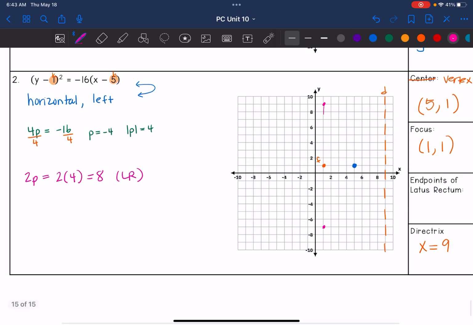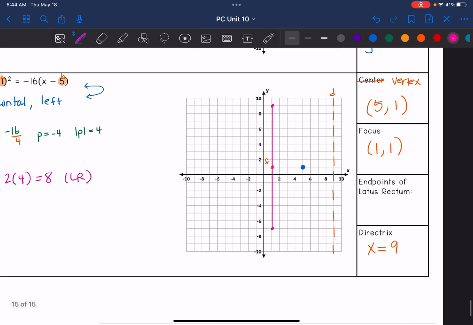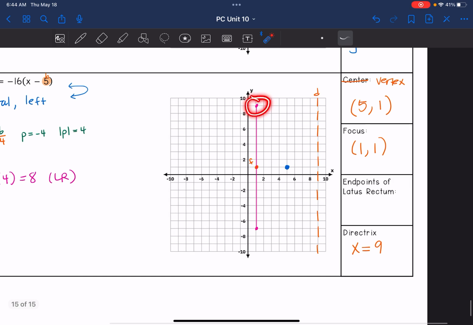And I'm actually going to kind of connect those dots. Okay, so those endpoints, the one on the top is at (1, 9) and the one on the bottom is at (1, -7). And now we have all we need to graph our parabola.